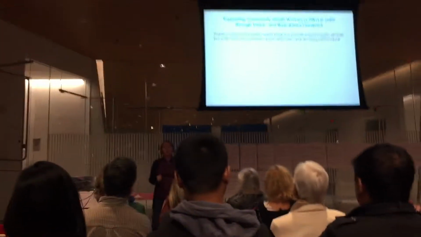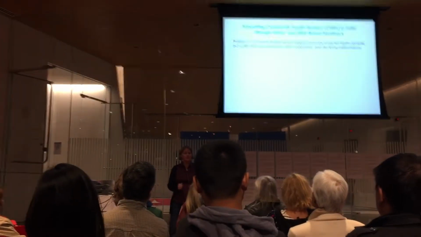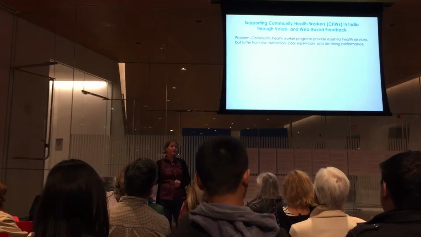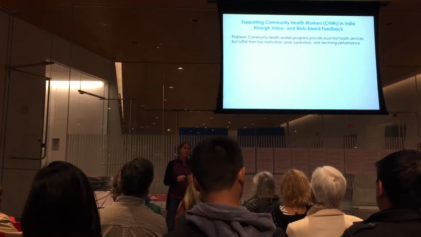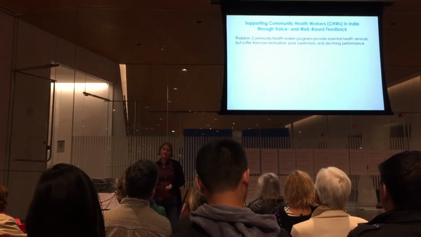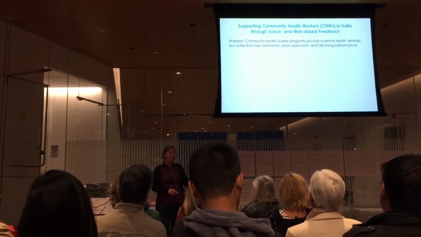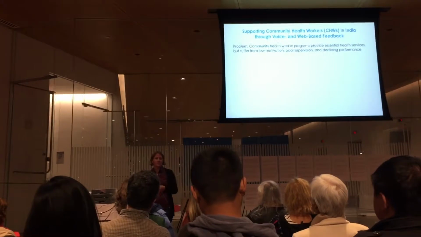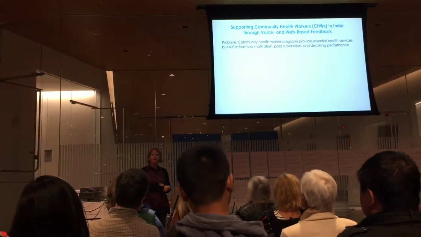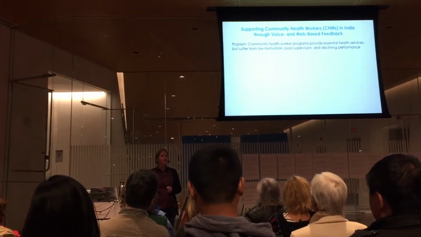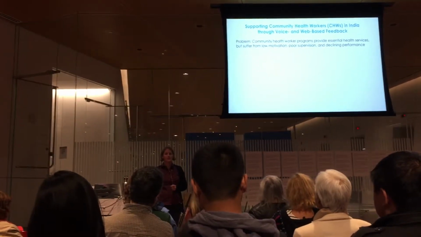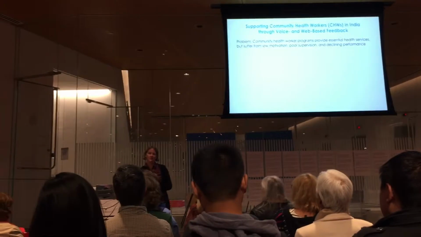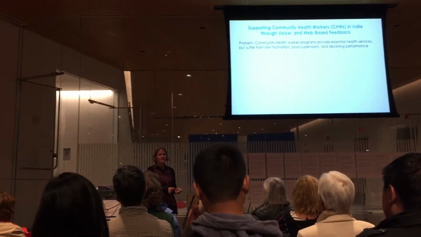They give them some amount of training, usually 3 or 4 months, and those people are then responsible for going out in their community, often going door to door, and delivering basic health services, things like immunizations, things like pregnancy advice or counseling, basic medications. And so having that community health worker go around their community and visit all of the people and identify the pregnant people or the sick people or the people that need services is critically important to being able to give those communities access to health services.